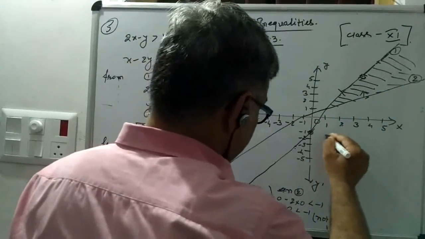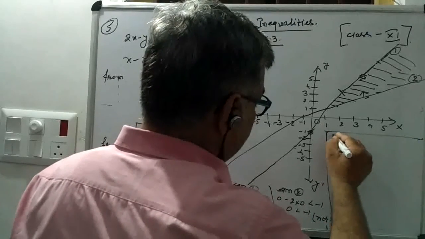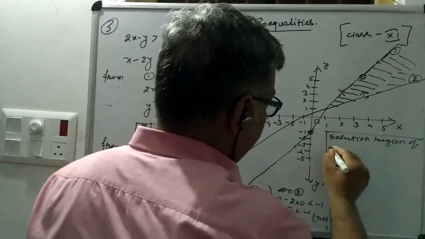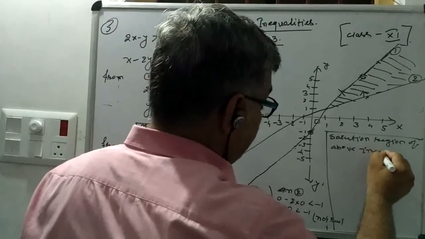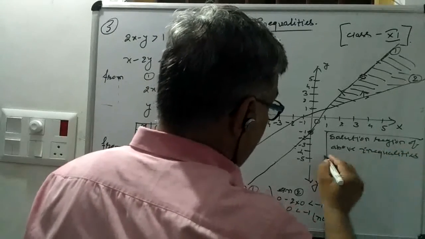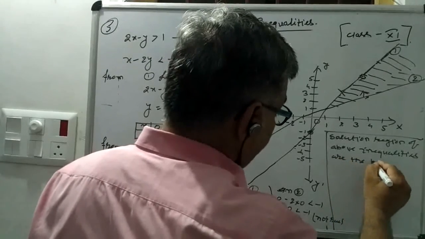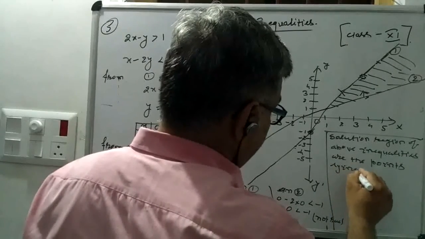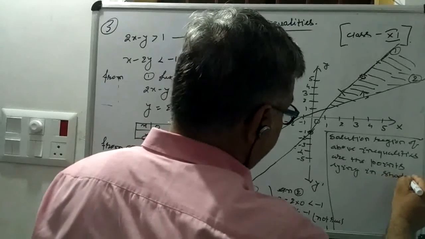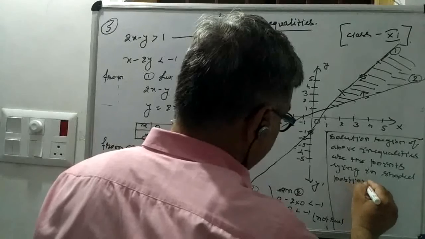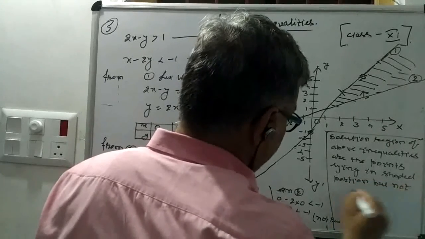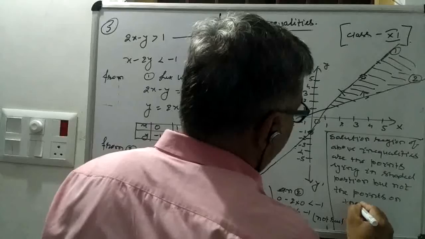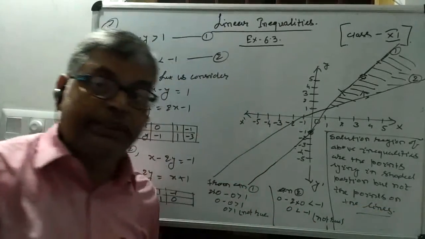Or you may write here: the solution region of the above inequalities are the points lying in the shaded portion, but not the points on the lines, because it is a case of strict inequality.